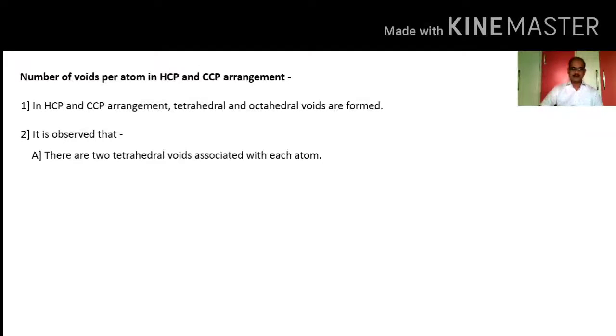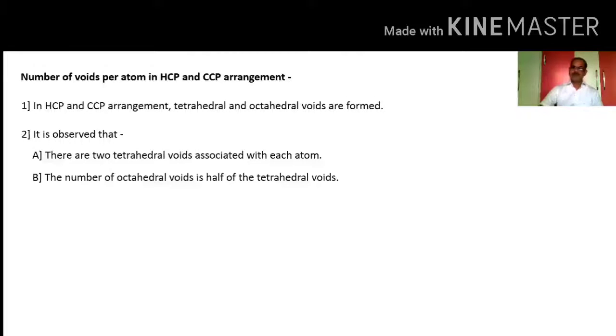It is observed that for each atom, you have two tetrahedral voids associated with it, and per atom, you have only one octahedral void associated with it.